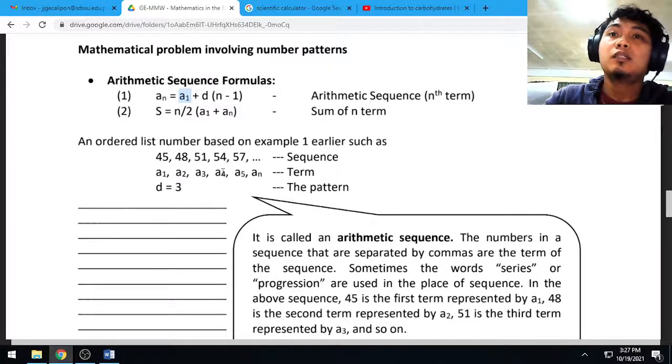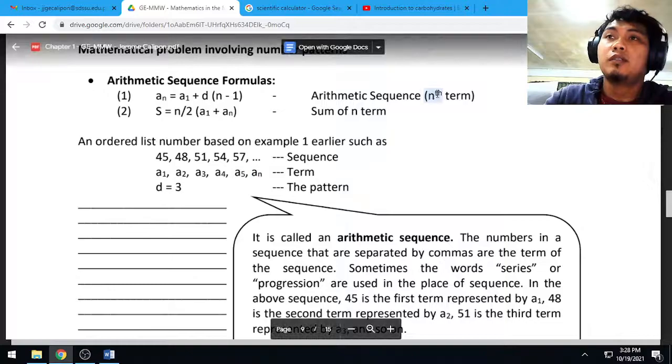The real number talaga is yung kung ano yung nire-represent niya. So let's just say A1 means the first term, A2 is the second term, A3 is the third term. Dito sa formula, AN, N is the nth term.